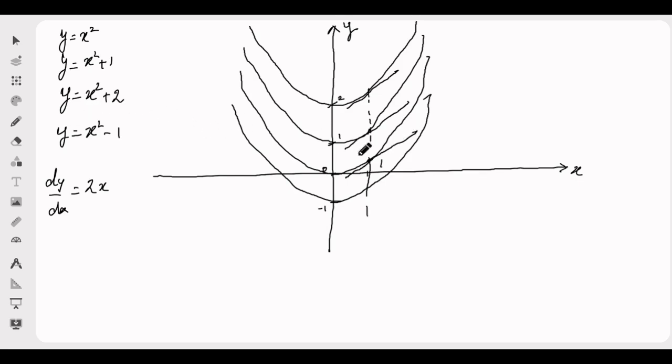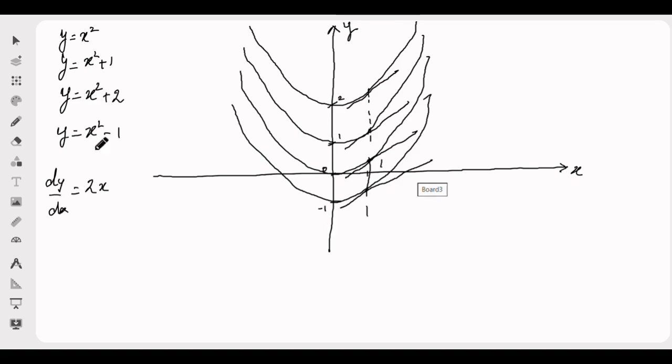And on this graph x square minus 1, we are drawing the tangent at x is equal to 1. So on all these graphs, we have drawn the tangents at x is equal to 1.